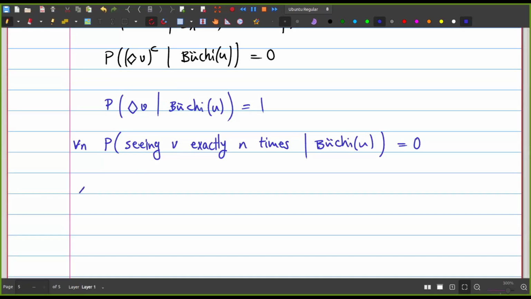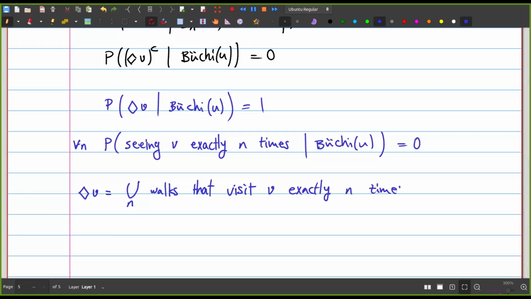I can say that the set of all paths that visit V, the set of all, again, infinite walks that visit V, can be divided into a bunch of sets. I can say this is going to be the union over every n of the set of walks that visit V exactly n times.